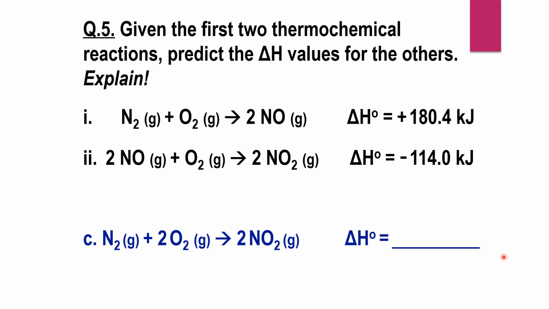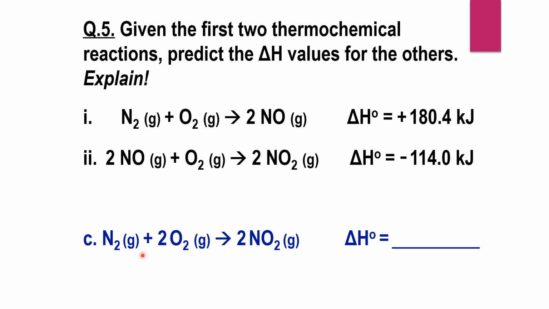Again, we're going to start with the product of the chemical equation that we are looking for. In this case, we have 2NO2. That looks exactly like the second equation of what was given to us. However, if you look at the reactants, they are not the same as the second chemical equation given to us. That means we have to do something about this in order to form the final reaction that we wanted. So how do we do that?